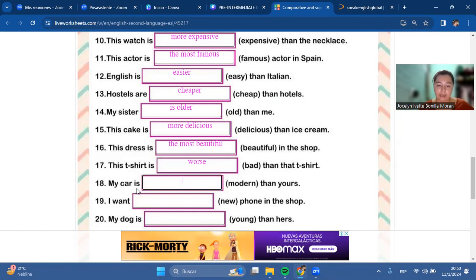And what about my car? Is modern than yours. More modern. All right. And what about I want?